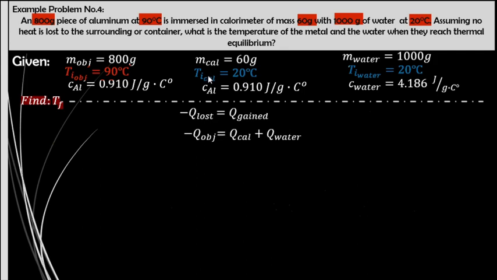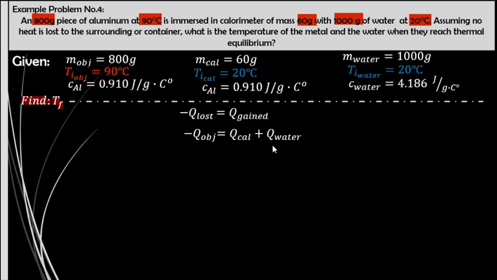And the calorimeter and the water will gain heat. So replacing negative Q lost, it will be negative Q of the object equals, replacing Q gained, the heat gained by the calorimeter plus the heat gained by the water.